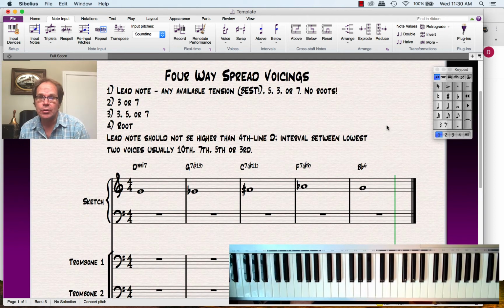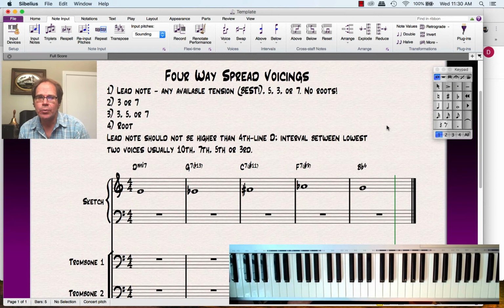You can also use a four-way spread in the saxophone section, very effective. Maybe one of the voices is soloing, or that's just a choice you want to make. You could combine instruments to make a spread voicing. Some of our alternate woodwinds, like bass clarinet and clarinets, would be a good combination for a spread voicing.